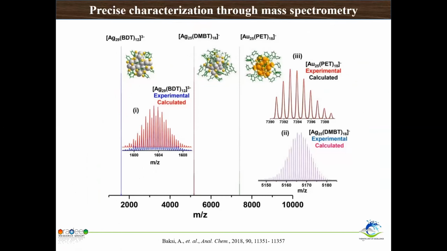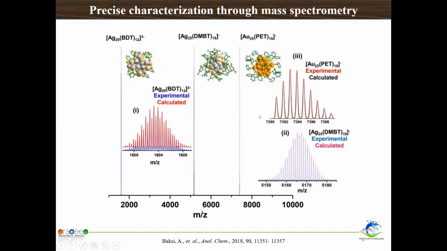The nanoclusters can be precisely characterized and their composition can be unambiguously assigned by using mass spectrometry. Here is the ESI MS of Au25(PET)18, Ag25(DMBT)18, and Ag29(BDT)12.